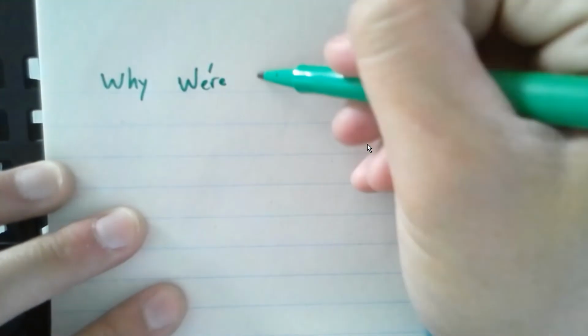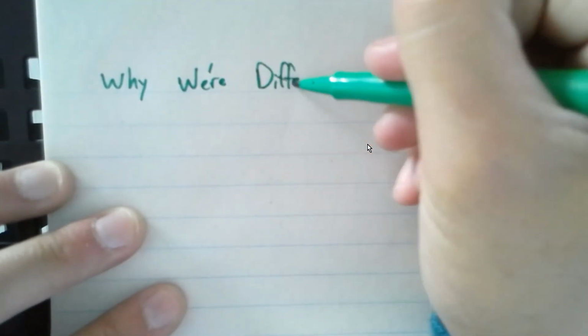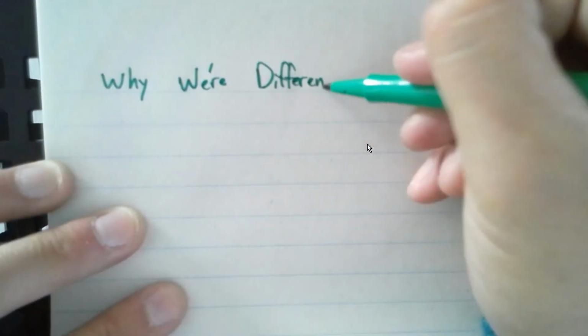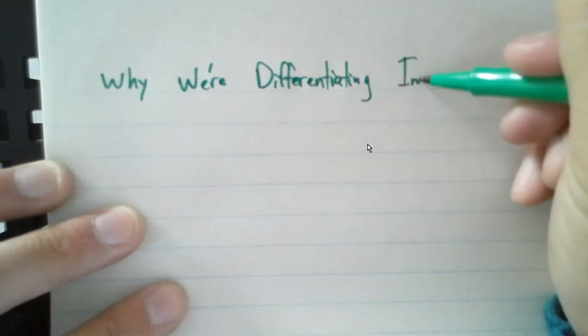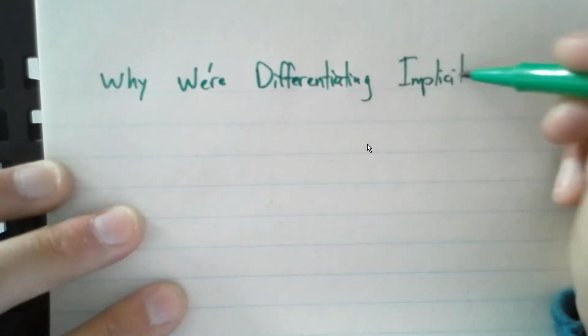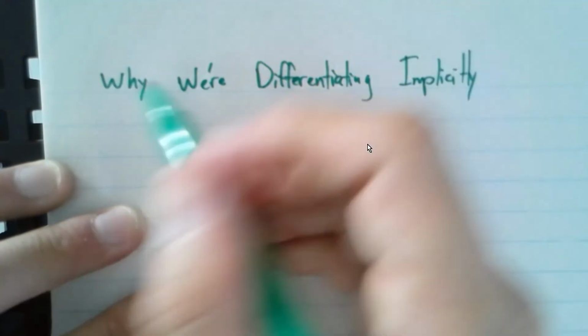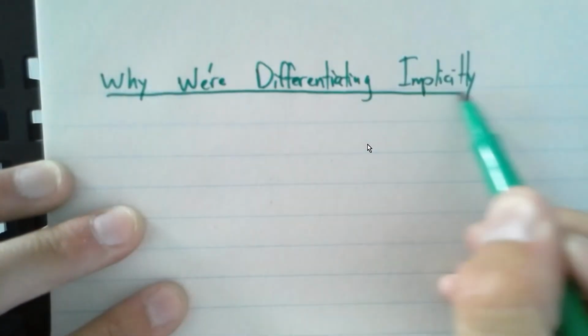This isn't going to be found in the textbook, but I call this section why we're differentiating implicitly. Why are we even doing it? Because you're going to be met with problems where it's a lot easier to do it implicitly.